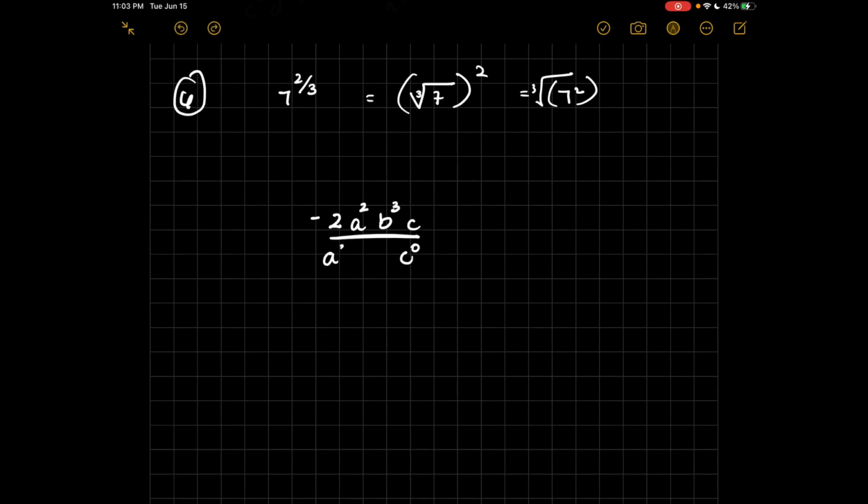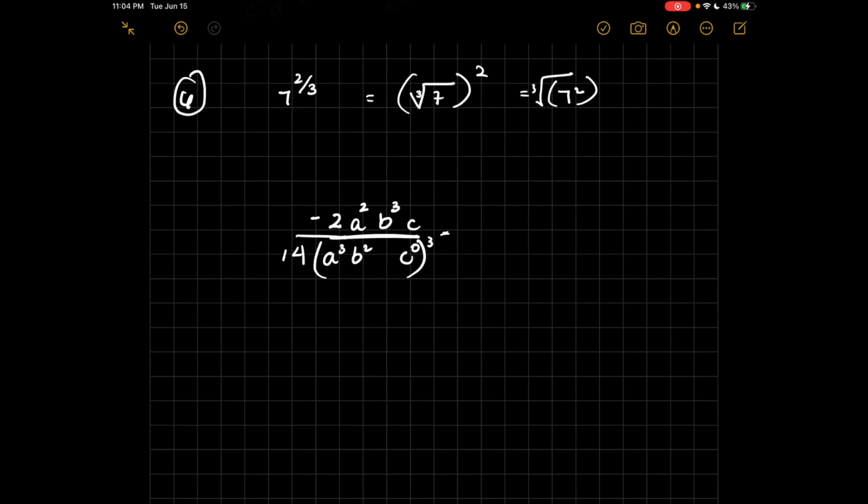Let's go with a cubed b squared, and on the denominator my number is going to be, let's say, a 14. Well, the 2 and the 14, or actually let me take the bottom to the power of 3.